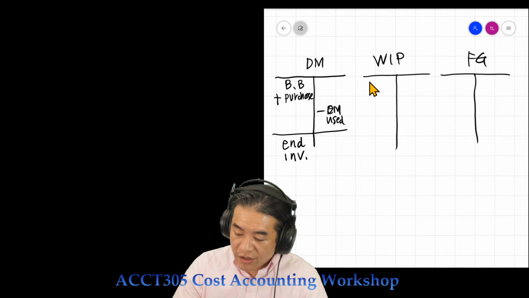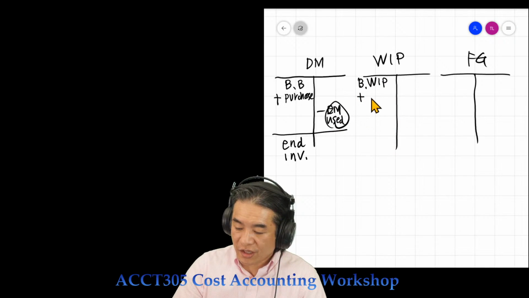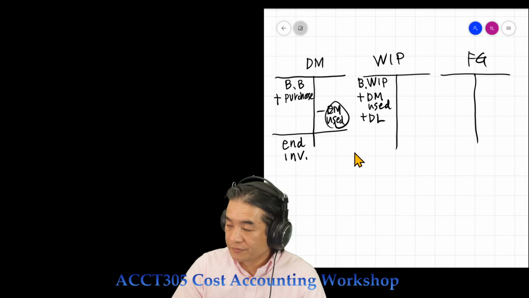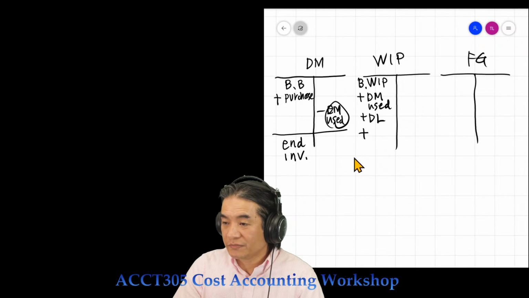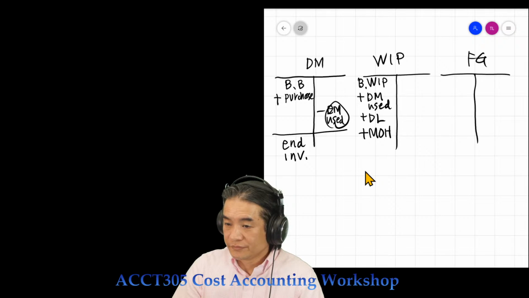And over here, you have your beginning WIP plus over here the DM used, plus direct labor, plus what? Manufacturing overhead, right?